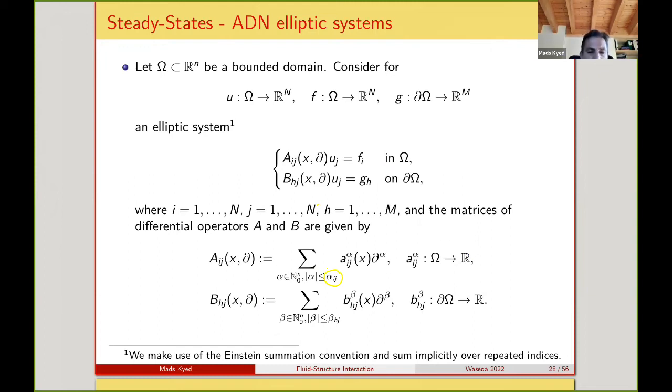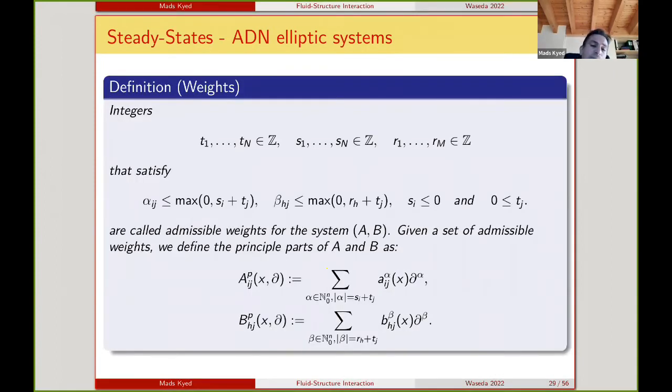This is the order of the differential operator A_ij. And beta_hj is the order of the corresponding boundary differential operator B_hj. So these weights have to satisfy these conditions. At the outset, it's not really clear why, so I'll just leave it at that. It is what it is.